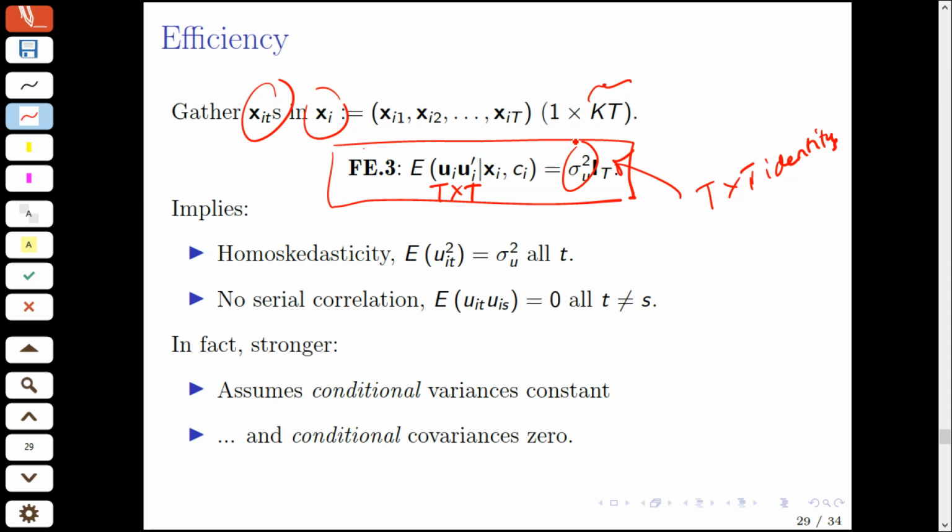This type of assumption is a homoscedasticity type of assumption, but it also captures much more.